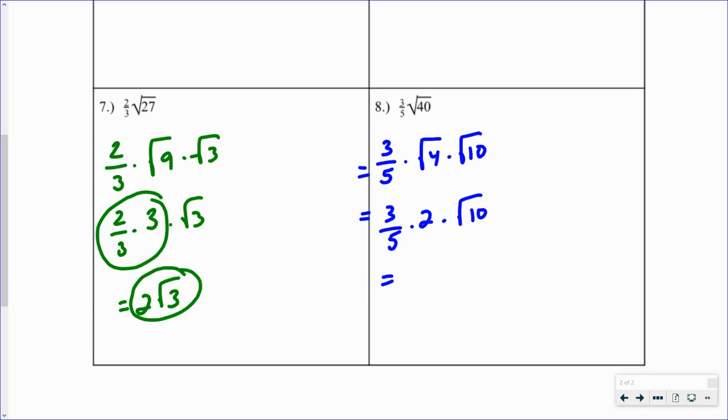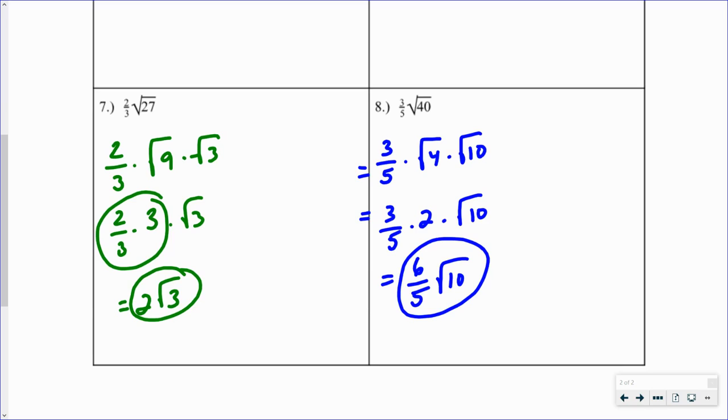And then 3/5 times 2 is 6/5. Now, again, I always look at my other factors here. So I have the square root of 10, and I think to myself, are there any perfect square factors of 10 that I can take out from underneath that square root? 10 is divisible by 5 and 2, and 10 and 1, and that's it. So 10 does not have any perfect square factors, so we can't simplify that any further.